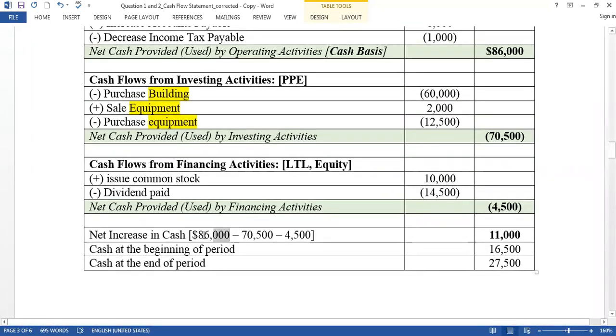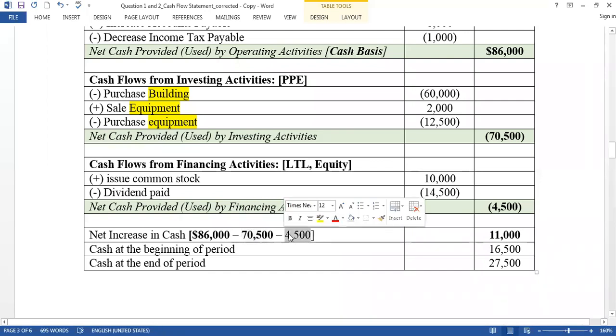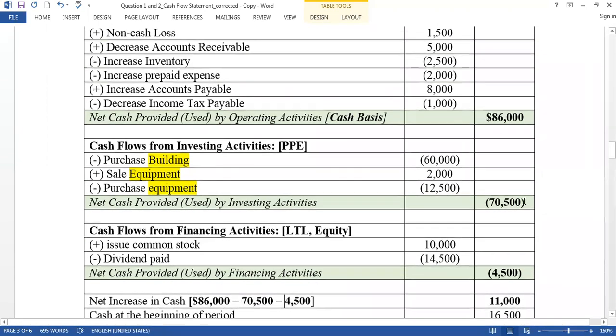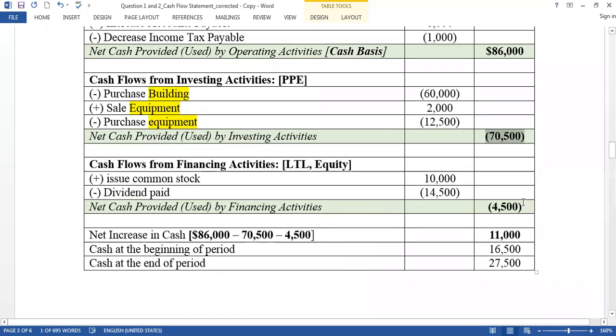So $86,000 is the operating activities, 70,500 is minus from investing activities, and 4,500 is minus from financing activities. So it equals $11,000. Look, 86,000 minus 70,500 minus 4,500 should also be $11,000. It should be equal.